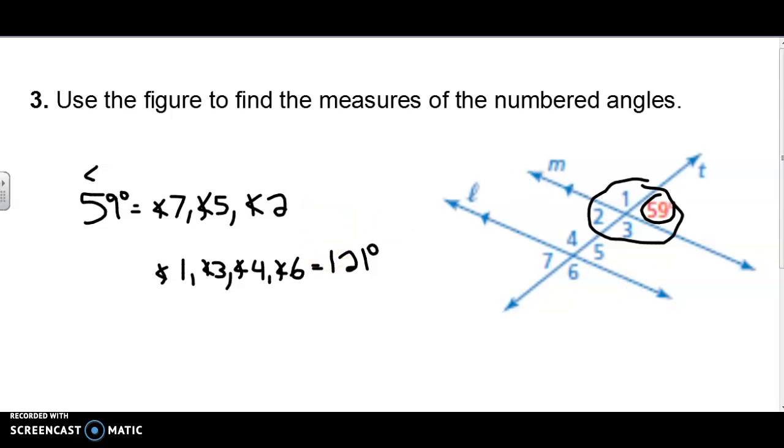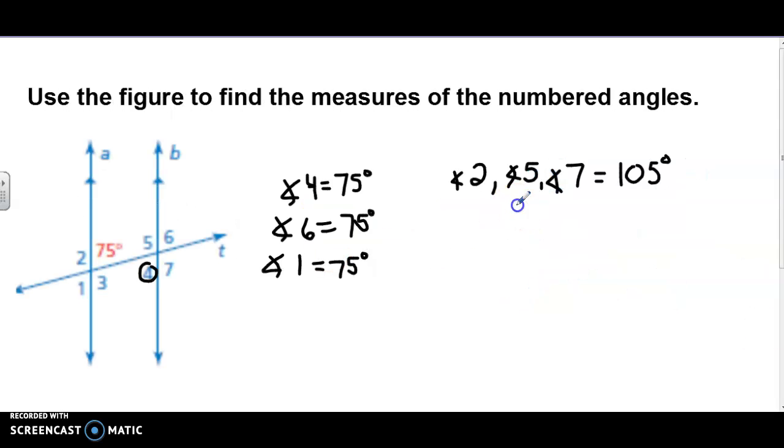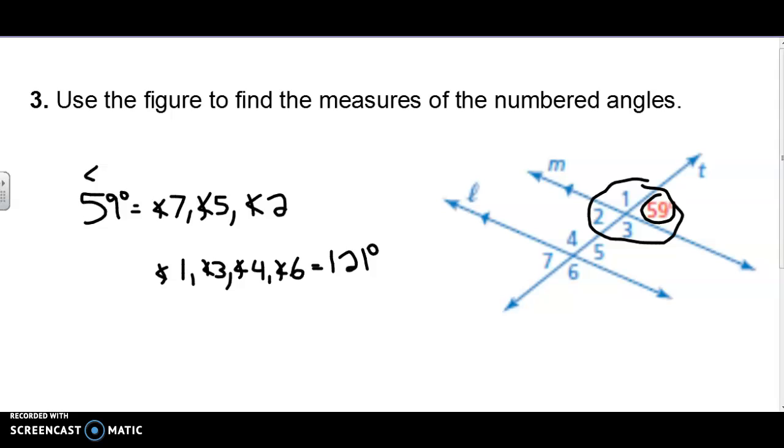Okay, and just after doing this, I remembered that I forgot about angle 3 here. So if you're wondering why angle 3 isn't 59 degrees, it is. Sorry, I forgot about that one.